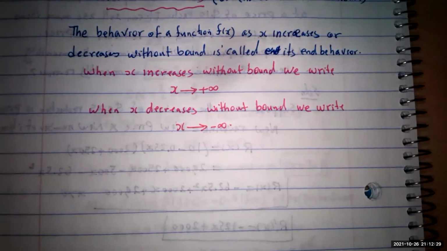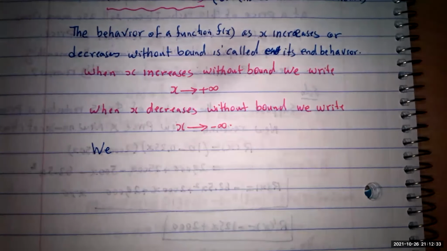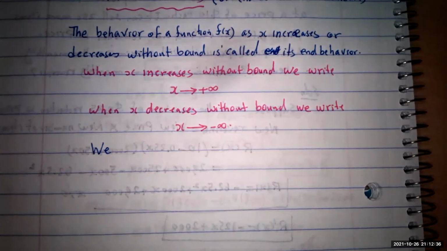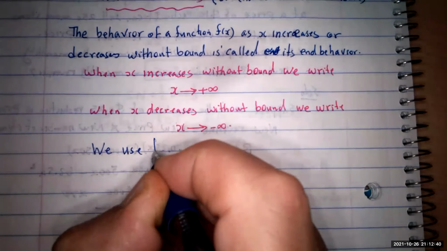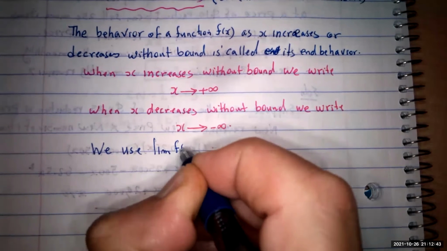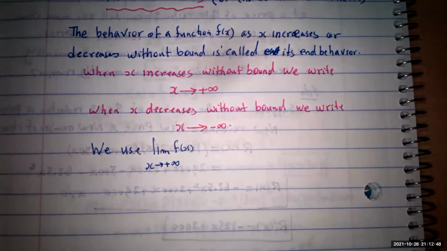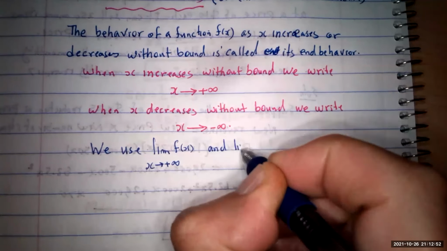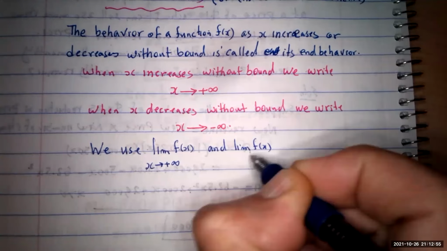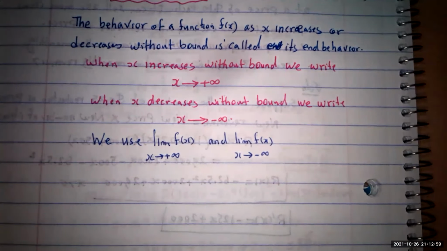To explain it, we use the limit. It can be done in college algebra, and we do it, but without the notion of limits. We use the limit of f of x as x goes to positive infinity, and the limit of f of x as x goes to negative infinity. You need these two for the graph of your function at the endpoints.